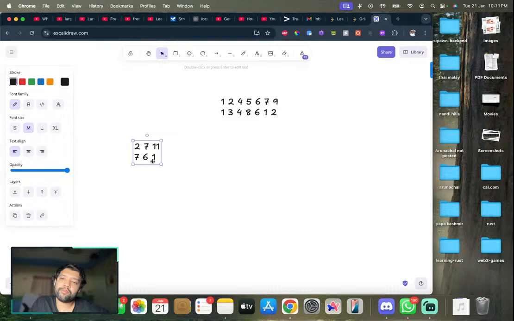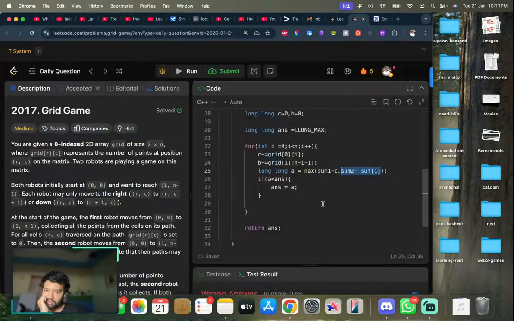If this was the point, it will be the sum till here. So, 0, 1, 5, 6, 0, and 6. 0, 1, 6. So, that should be correct. So, if I did this, this seems correct.